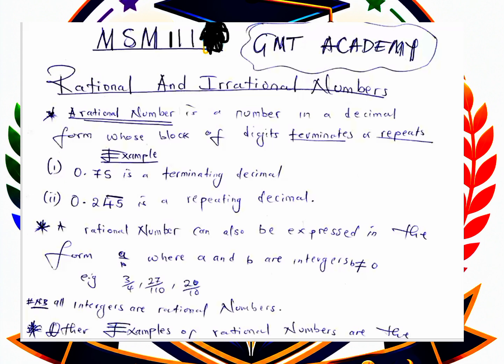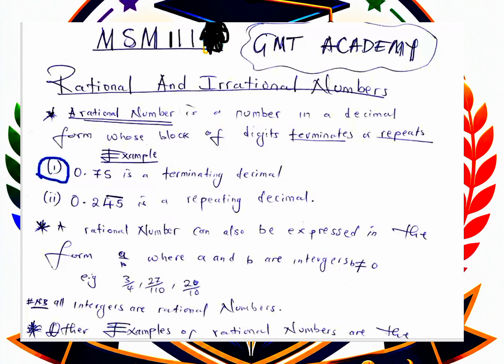So a rational number is a number in a decimal form, right? When we say decimal form, we're saying a number with a point. We also have decimal numbers, actually, whose block of digits terminates or repeats. For example, the first example we have is 0.75, which is a terminating decimal.